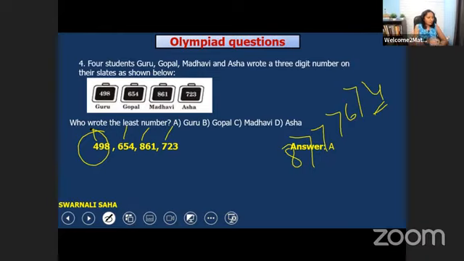Many of you have written Madhvi 861, but not Madhvi, because our question is least number. Least means smallest. And smallest is 498. So Guru is the answer. Okay, 498 is the answer. So now let's move on. Let's solve one more question.